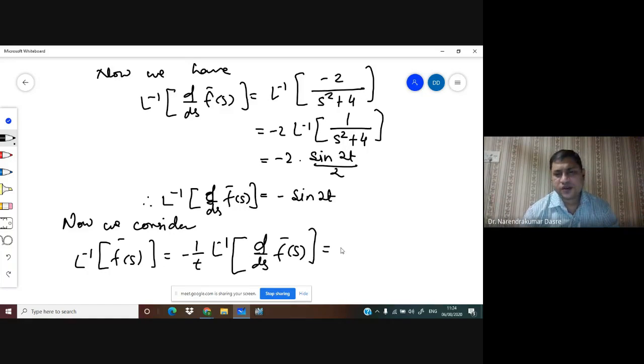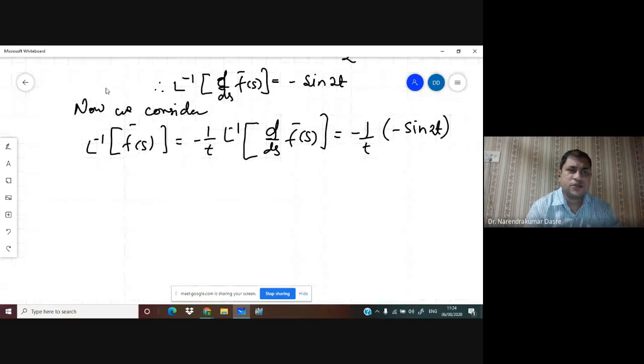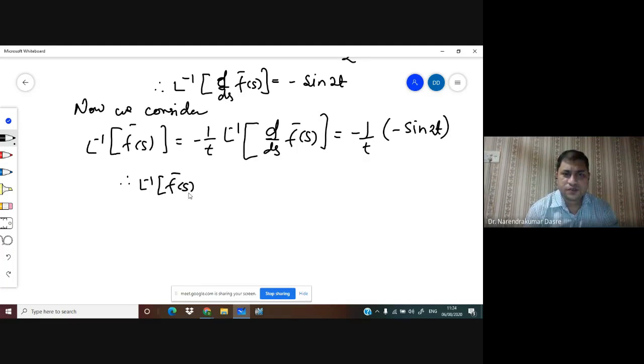This we have already calculated. So minus 1 by t into minus sine of 2t, and hence we are able to write Laplace inverse of f bar of s is equal to sine of 2t by t.